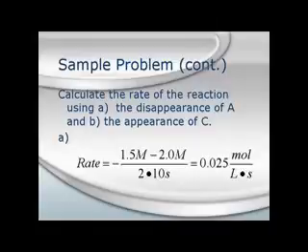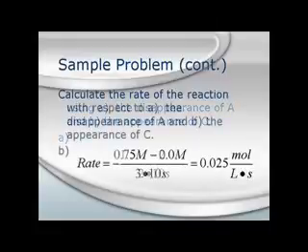You must have the stoichiometric coefficient in this rate equation if it's anything other than 1. So our rate again is the opposite of 1.5 moles per liter minus 2 moles per liter divided by 2 times the 10-second time increment, and we get as a rate 0.025 moles per liter per second.